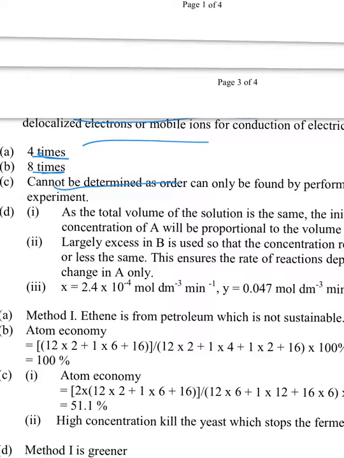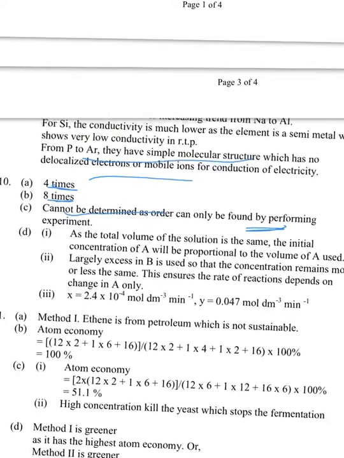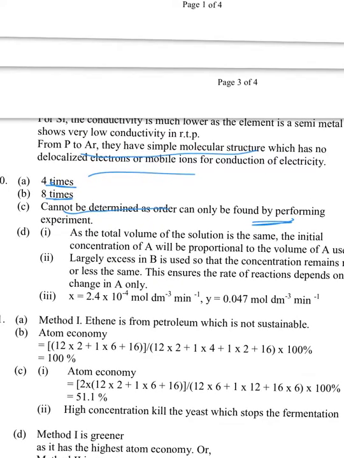The only way you can find out whether catalysts can change the rate or not is to perform experiments. In order to find out the order of reaction, if we don't have the order, we don't know whether the catalyst can increase or even decrease the rate of reaction. So bear in mind for this.